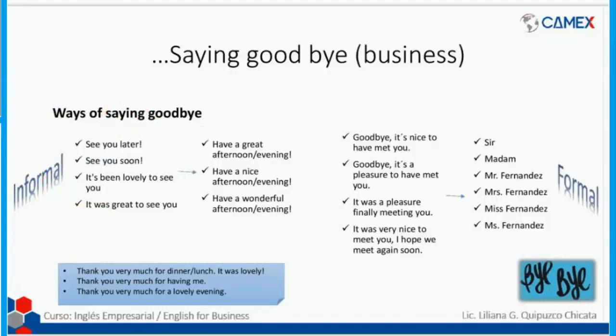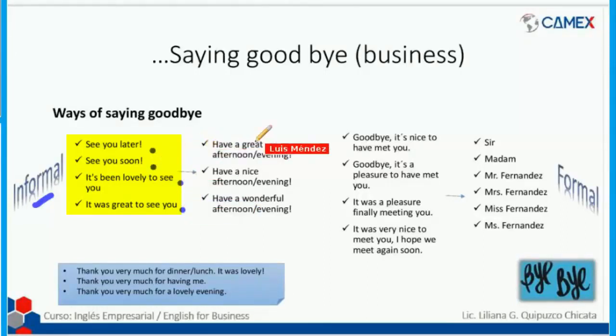Ways of saying goodbye in an informal way could be see you later or see you soon. Another way is it's been lovely to see you, that you enjoy seeing the person. Another way is it was great to see you.